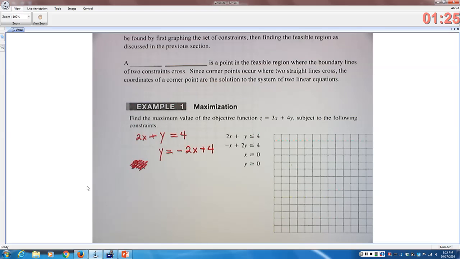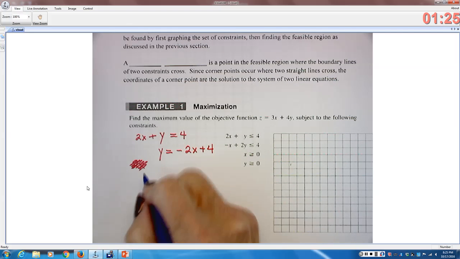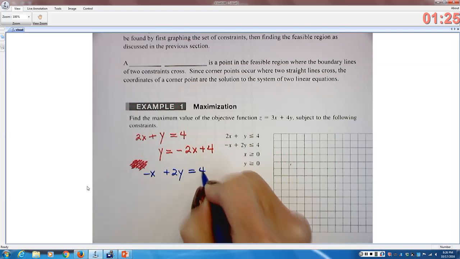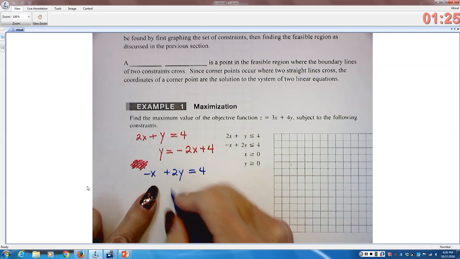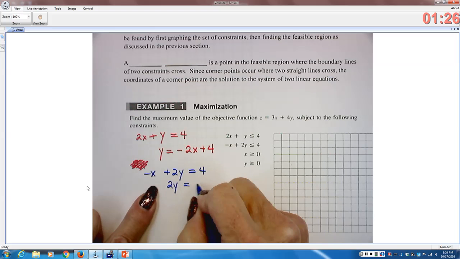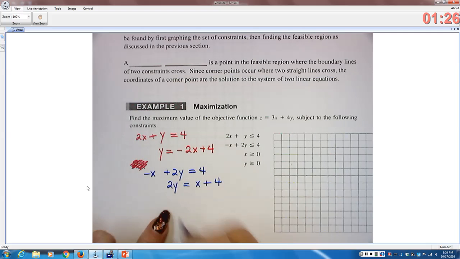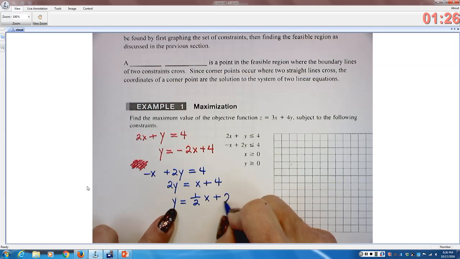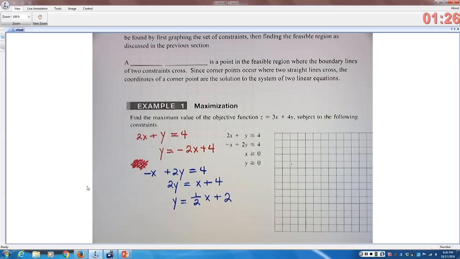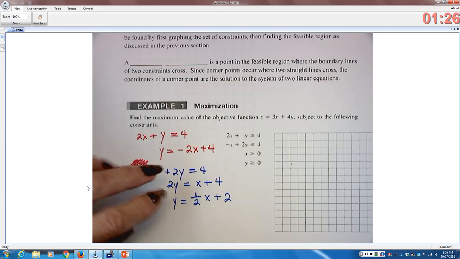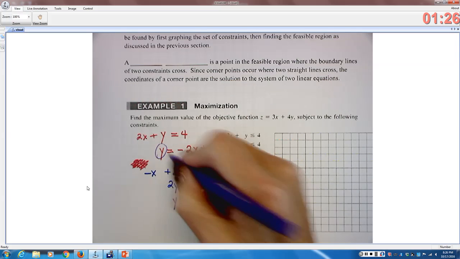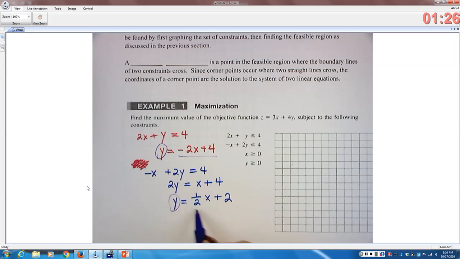Then we're going to take this equation, negative x plus 2y equals 4, and we're going to solve it for y. So there's our two equations. Now, we can either graph, which we will do in a second, or if you're wanting to do it algebraically, the y values to these two equations are going to be the same when their rule is the same.